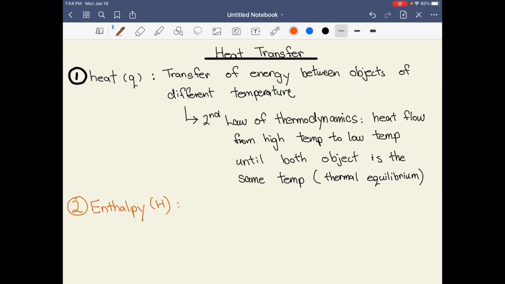And enthalpy is the amount of heat an object has. Whoa. You mean you can calculate that? You can calculate the amount of heat content something has? Well, kind of, but it's actually very, very hard to do.